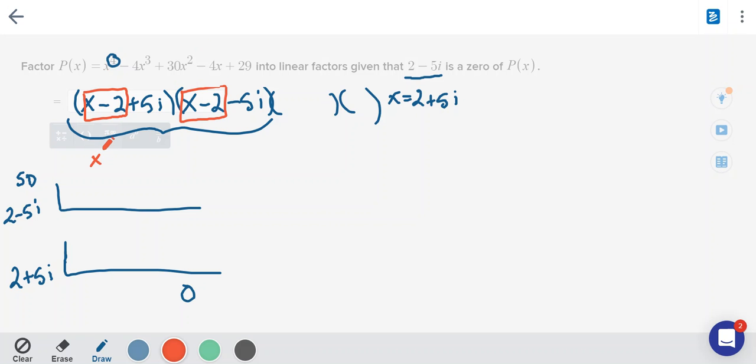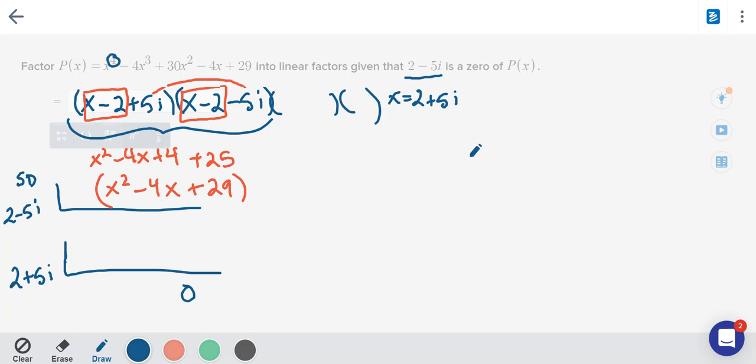Okay, so first, outer, inner, last. All right. So plus 25. All right, so this comes together as x squared minus 4x plus 29. Now, I prefer to do long division with my quadratic factor.